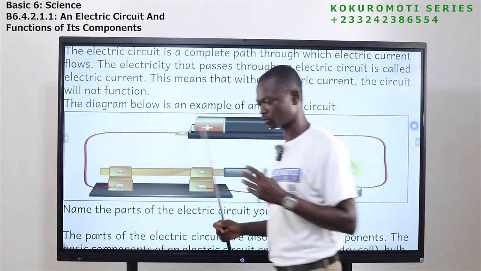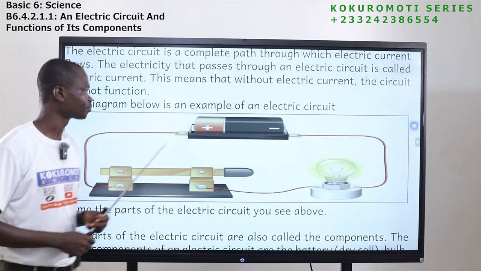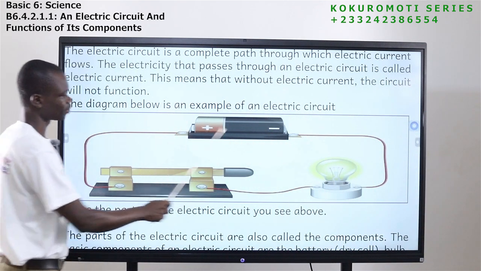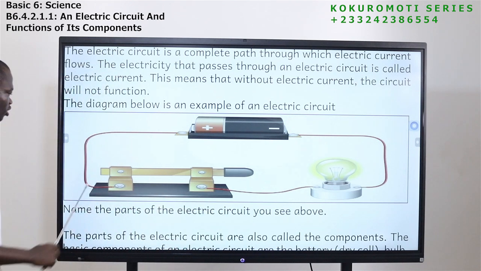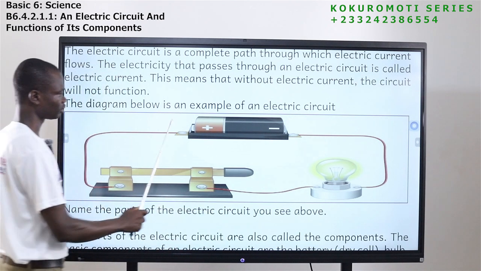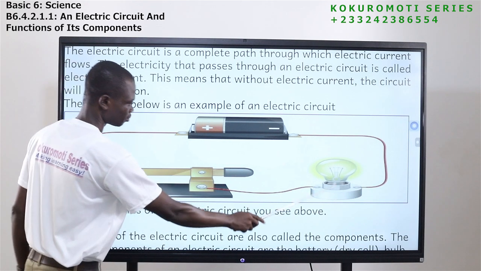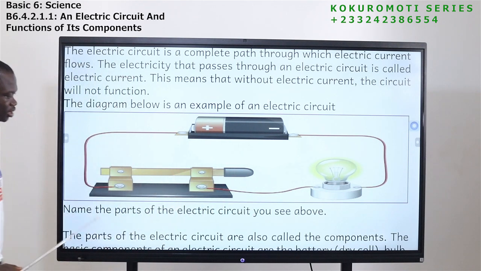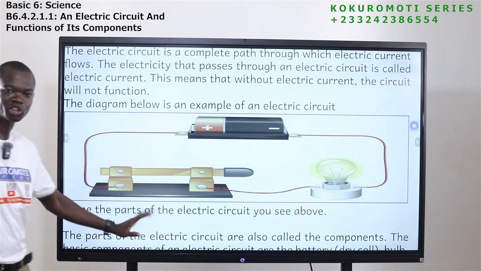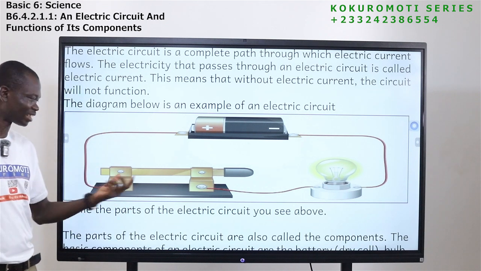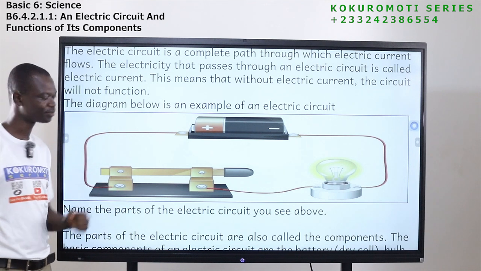It's also a component. So let's identify the components. Wire, battery, bulb, switch. How many are they? Four. So the electric wire is 1, battery is 2, bulb is 3, and then switch is 4. The switch is also called key.